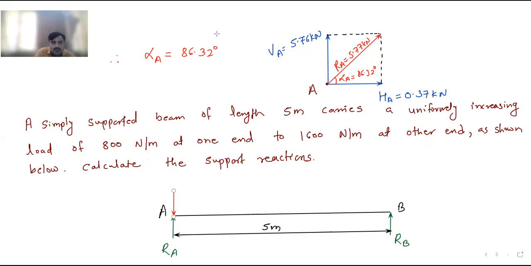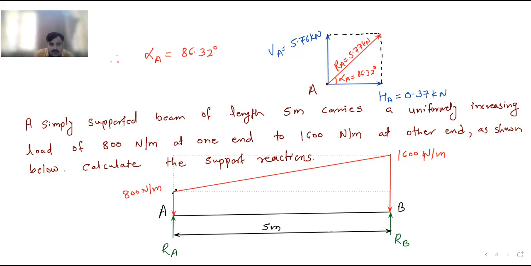Here the intensity of the load is 800 Newton per meter, and at this point the intensity of the load is 1600 Newton per meter, and I will join these two. So this is the uniformly varying load. This type of load is given to you, and it is called a uniformly varying load. It is acting like this. You can show the load in this way.